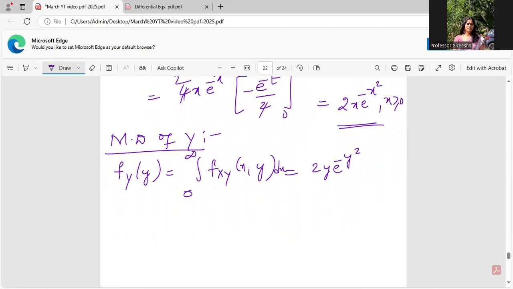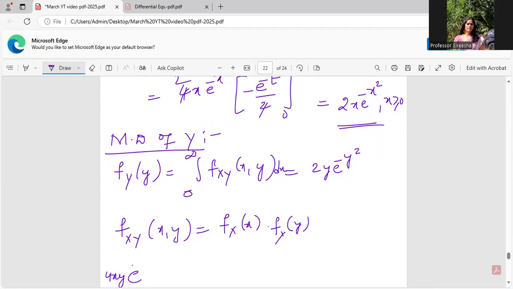Now let us see whether I am able to write f x y of x comma y like this or not. Let us check. 4xy e power minus (x square plus y square) is my LHS.